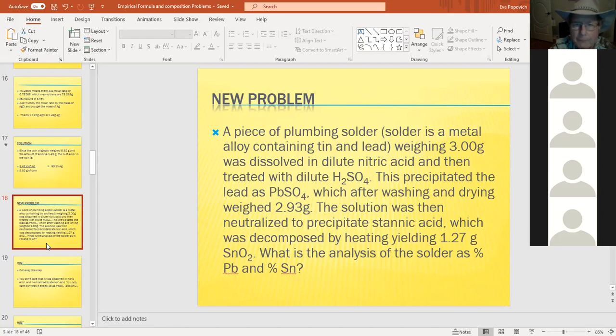So we take the lead that was precipitated out as lead sulfate. Yes. And we do sulfate and lead's atomic mass.